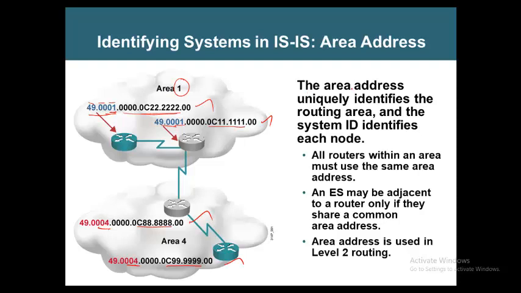The area address uniquely identifies the routing area and system ID for each node. All routers within an area must have same area address. So this portion is same. The end system பத்தி கவலைப்பட வேண்டியதில்லை.